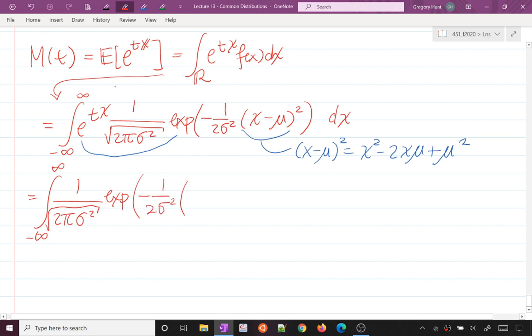And I can move this e to the tx in there, but of course I have to multiply by negative 2 sigma squared, so that kind of cancels out. So I can say it's negative 2 sigma squared tx, which obviously would cancel and leave me just with e to the tx. So that's allowed. And then the other part in here, I have a plus x squared minus 2x mu plus mu squared.